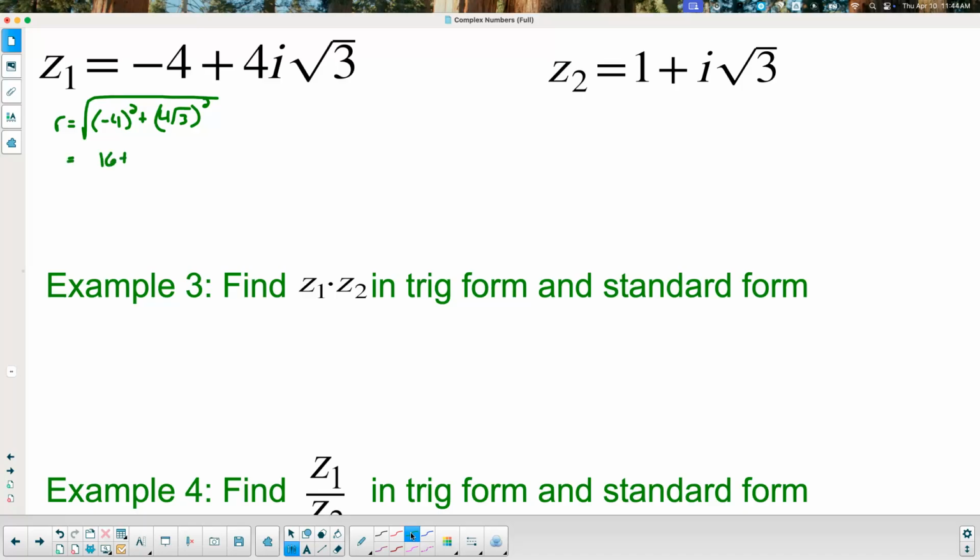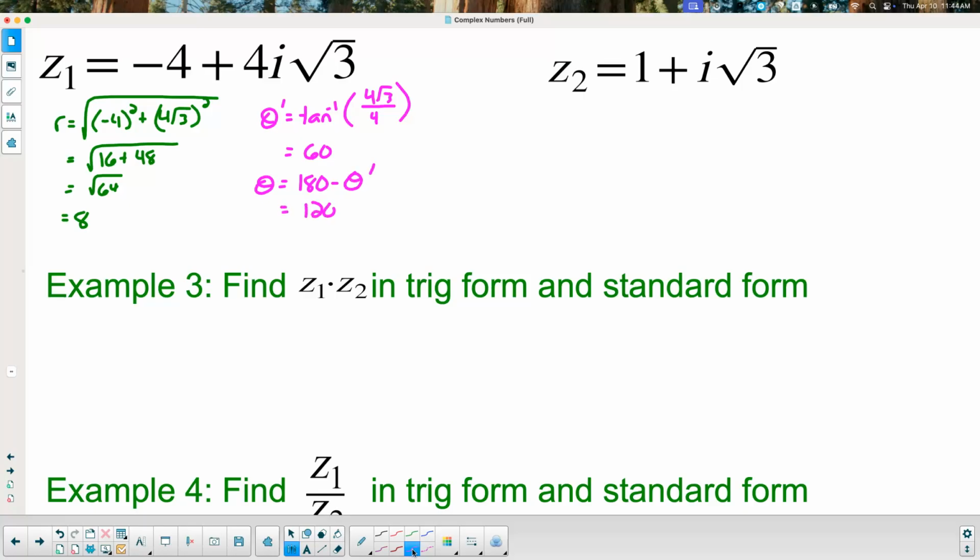That's 16 plus 48. So I get here that z sub 1 is 8 CIS of 120 degrees. Yes?